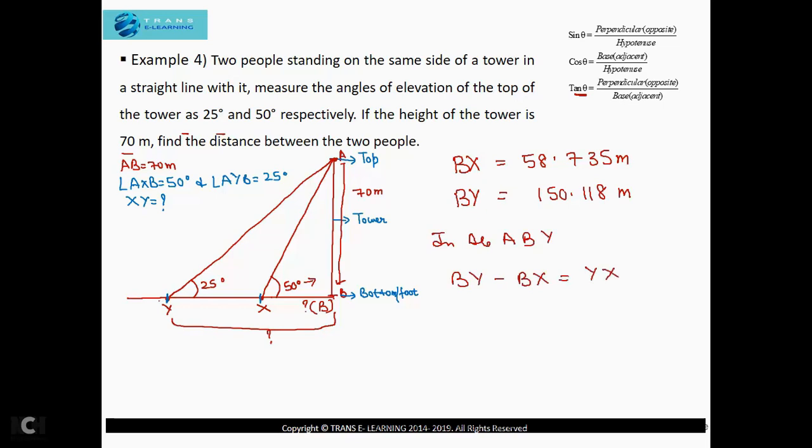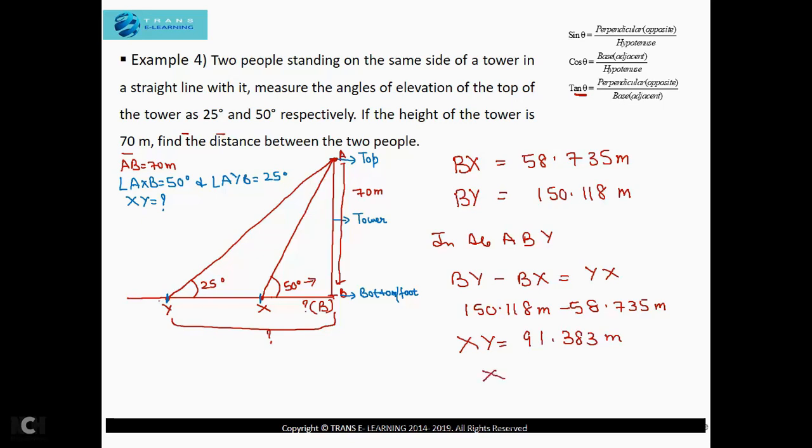This is the distance between two people. BY is given as 150.118 meters minus 58.735 meters. So the value of XY or YX will come out to be 91.383 meters. So you can leave it up to 3 decimal places, that I always recommend.